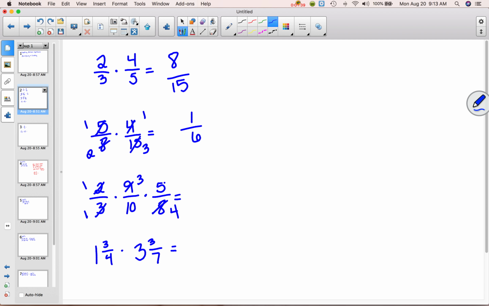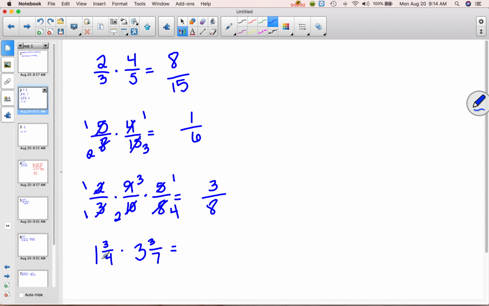And the 5 and the 10, 5 goes into 5 once, 5 goes into 10 twice. I can't simplify anything else. I multiply straight across. 1 times 3 times 1 is 3. And down here, we have 2 times 4 times 1, so we have 8, and my answer is 3/8.